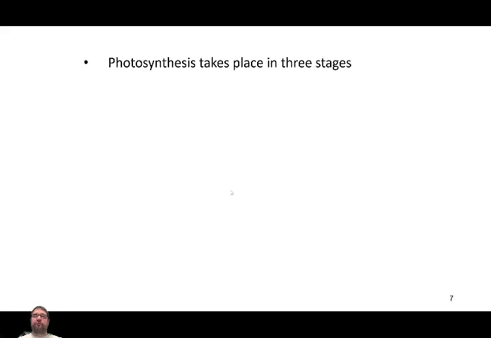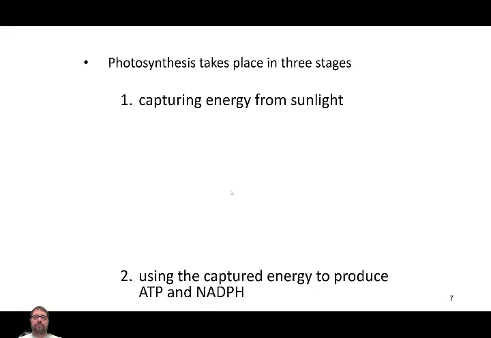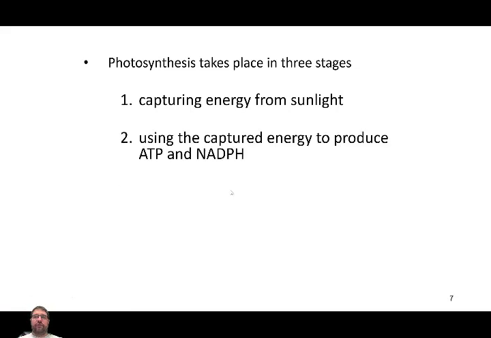Okay, so photosynthesis takes place in three main stages. The first stage, we kind of just went over a little bit of it, and that is capture energy from the sunlight. Different molecules, different pigments have the ability to capture different wavelengths of sun. Then the second step is to use the energy that's been captured from the sun to produce chemical energy, or what we call bond energy.